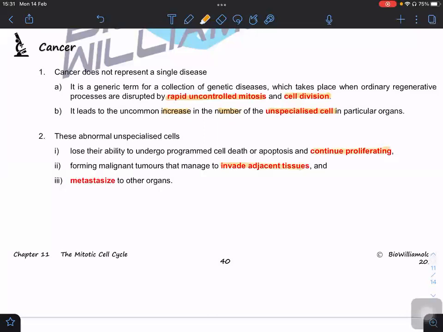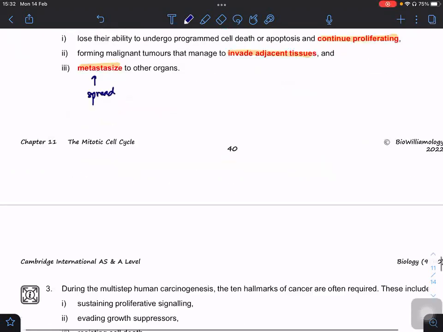They continue to grow, they invade, and in the worst case, they metastasize, meaning they spread to other organs. Let's say from the breast, spread to the bone, spread to the lung, so therefore it will cause metastasis to take place.